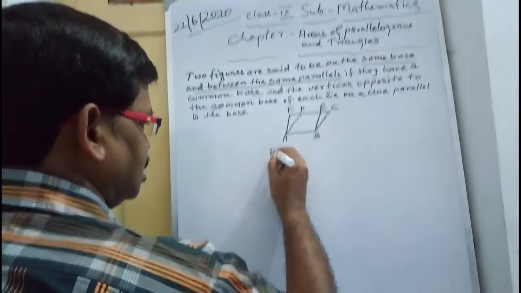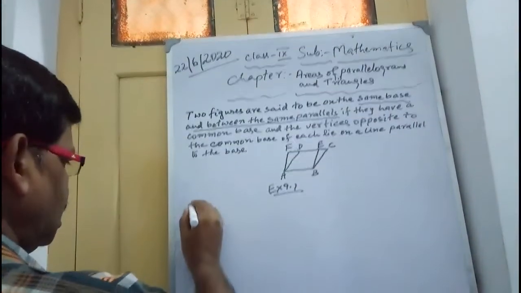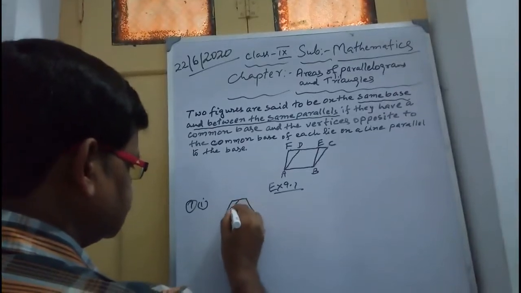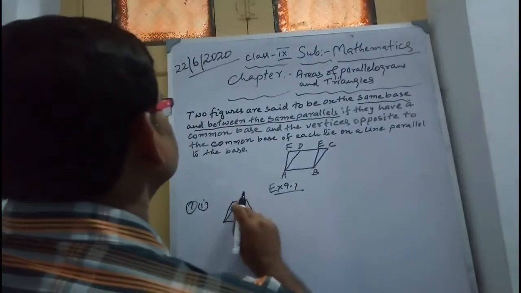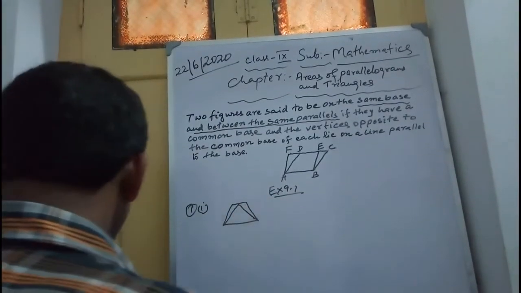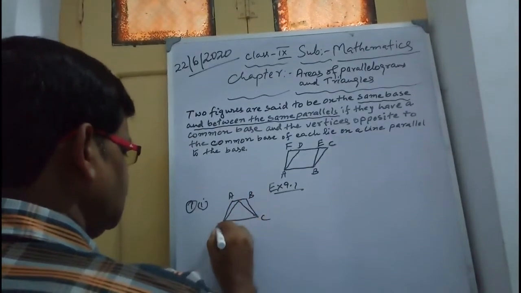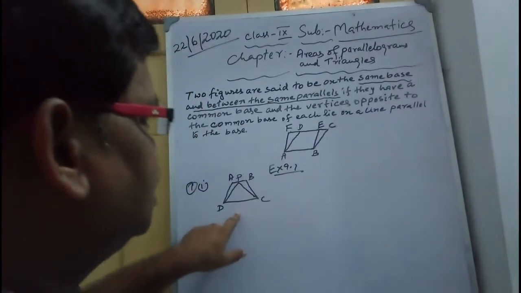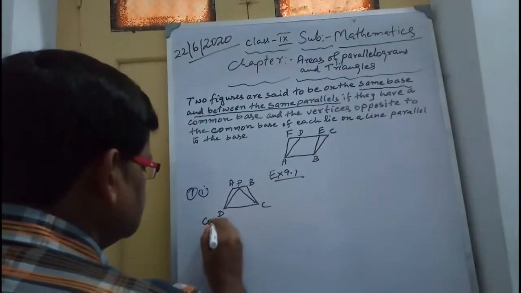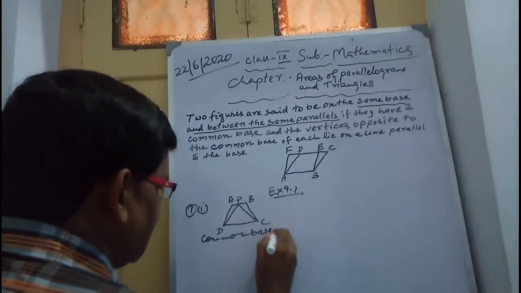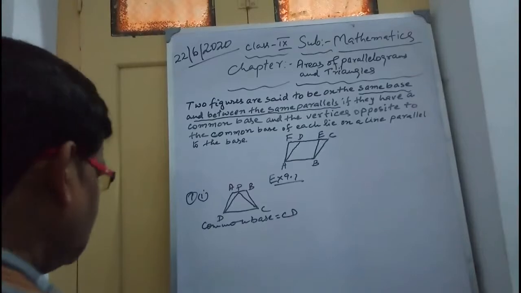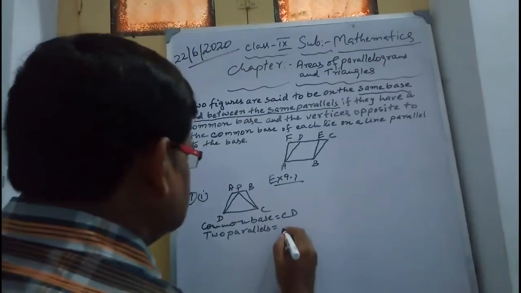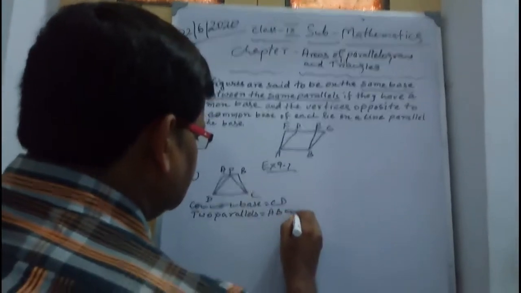Now see example 9.1. You have to tell whether these two figures lie on the same base and between the same parallels, yes or no. So here the common base is CD, and the two parallels are AB and CD.